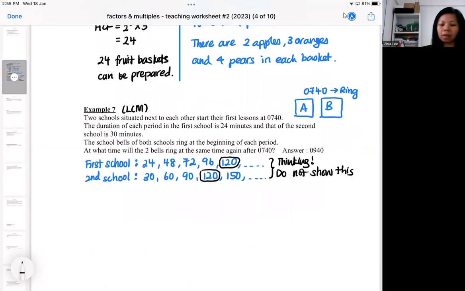So after you realize that you are going to do an LCM, go for the ladder method, get the answer, and make sure you can group them into each family. For the LCM, you're going to take the higher power.